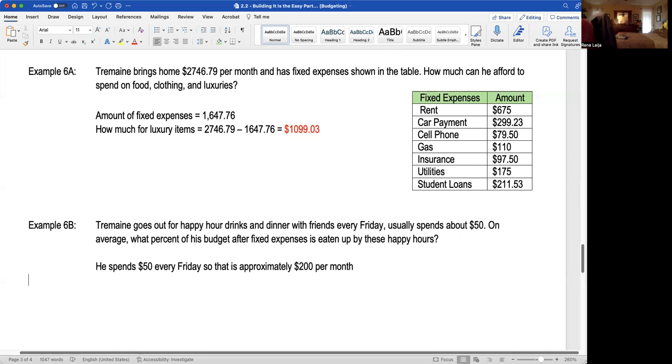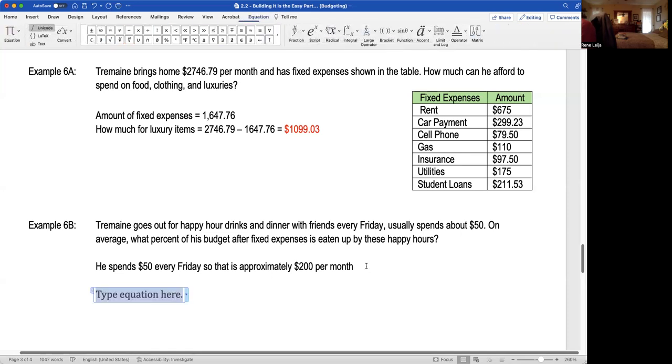Okay. So what we're going to do is we've done this before. So we're going to take the 200 and we're going to divide it by the 1,099.03. And this can give us an approximation.